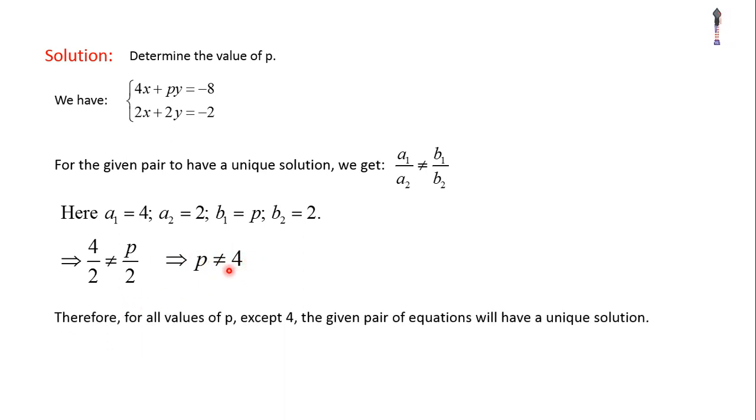There are too many values, right? So for all values of p except 4, we don't take 4. Besides 4, any p is available, and the given pair of equations will have a unique solution.